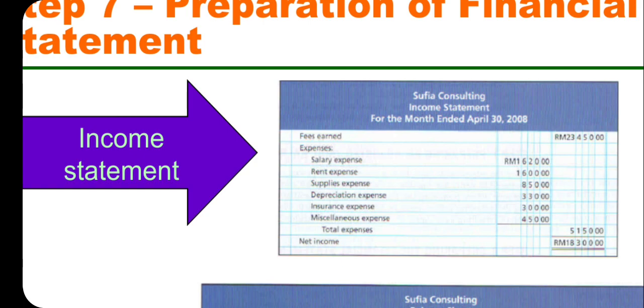After that, you can calculate the net profit or net income. In this example, net profit is $23,450 minus $5,150. So the net profit is equal to $18,300. Very simple. You have to memorize the format for this income statement.